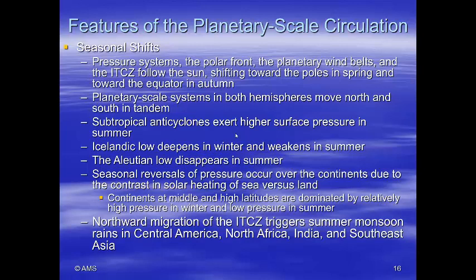So the planetary scale systems in both hemispheres move both north and south in tandem. This means that the subtropical anticyclones are going to exert higher surface pressure in the summer. And the Icelandic low deepens in the winter and weakens in the summer. And the Aleutian low disappears completely in the summer.